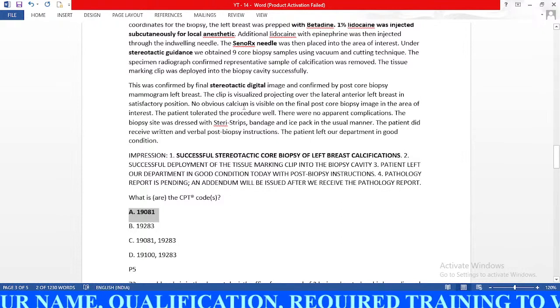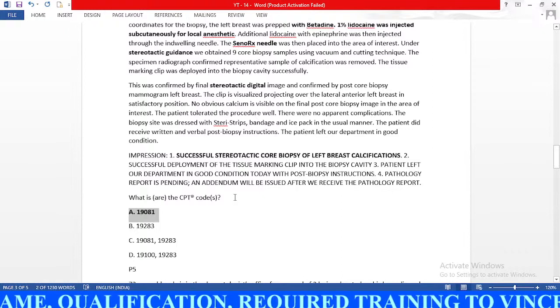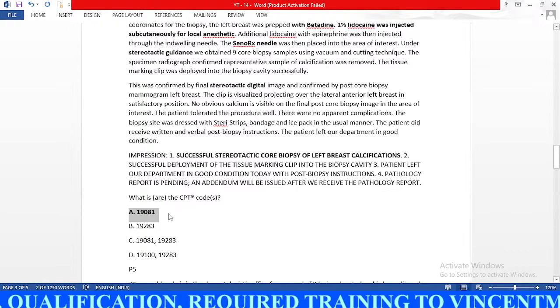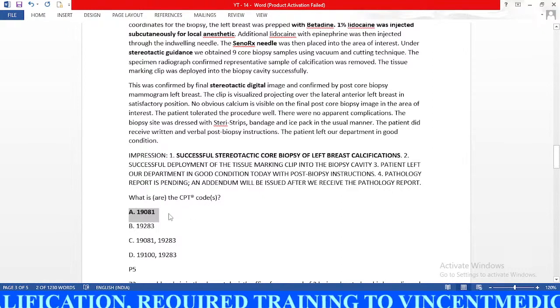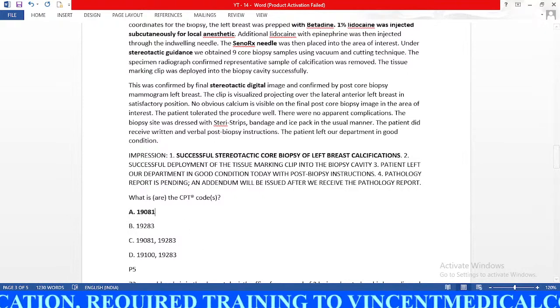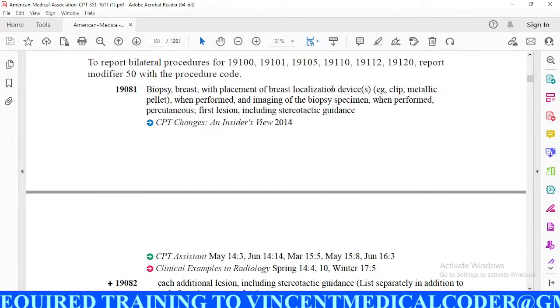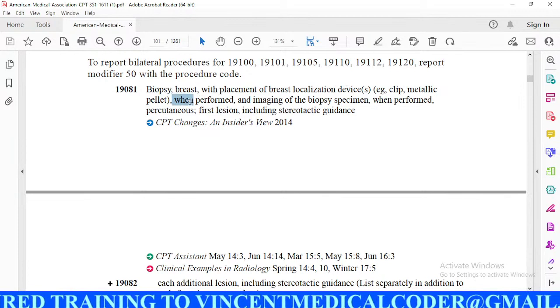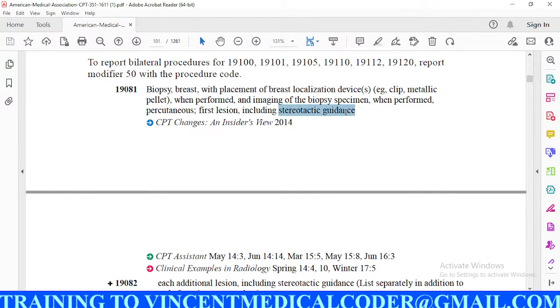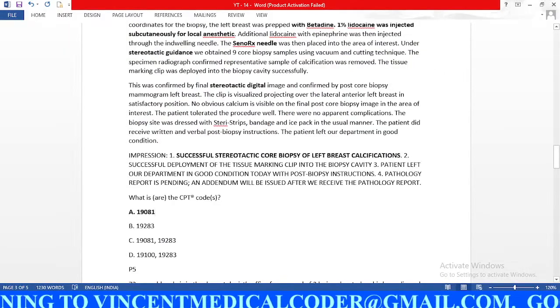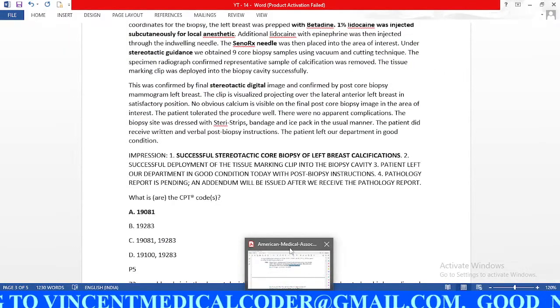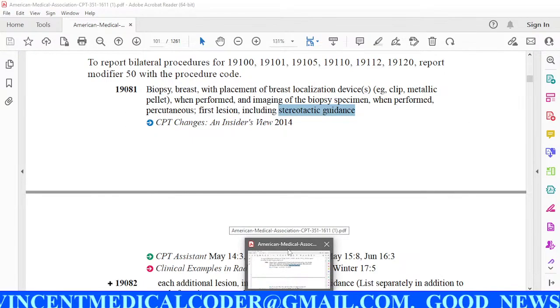So all these performed in this session are all included in 19081. If you check the description of 19081, it includes biopsy, breast localization device when performed, and stereotactic guidance. So our answer is 19081. I hope Parimala and everyone are clear now.